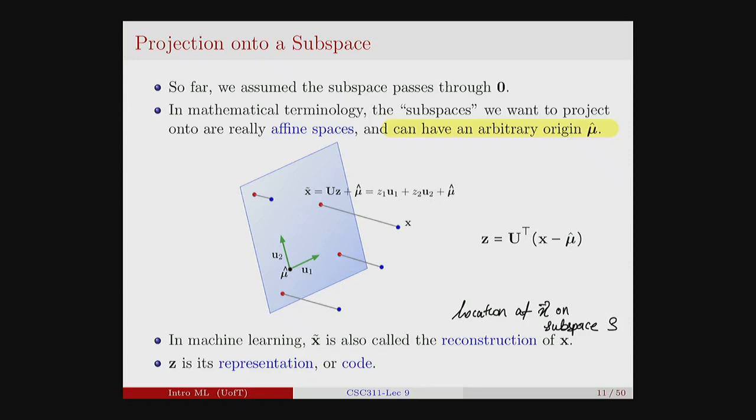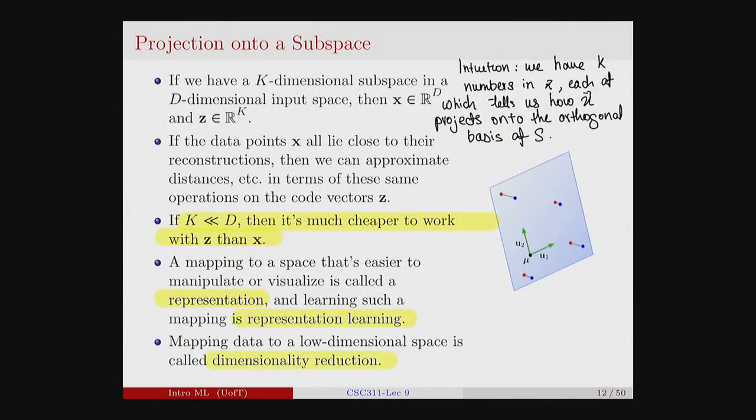In this case, the space of your subspace that you've chosen. So all of this is to say that if we have a k-dimensional subspace in a d-dimensional input space, then for x in R^d, we can pull out a z in R^k, the representation or the code for any given point. It's the equivalent representation of how the projection of that point behaves within that subspace.